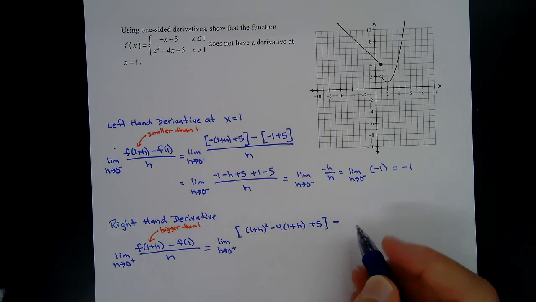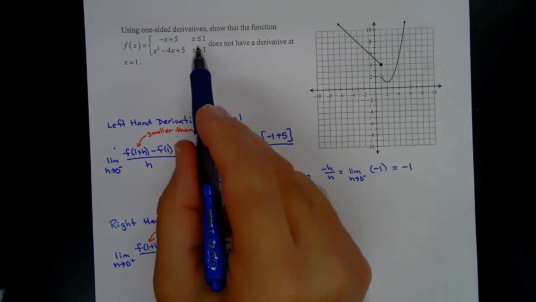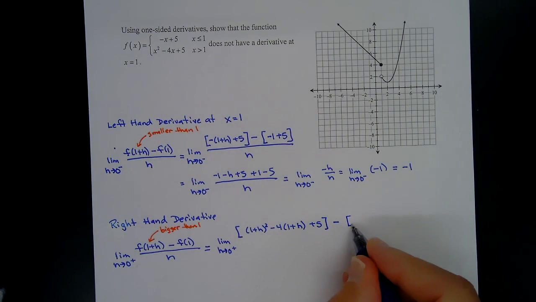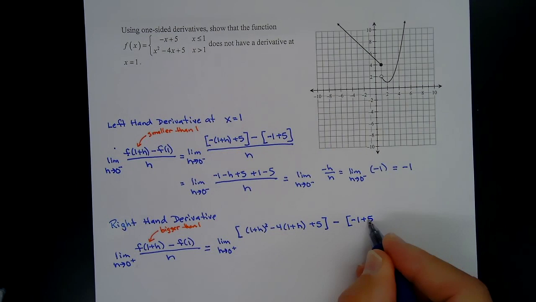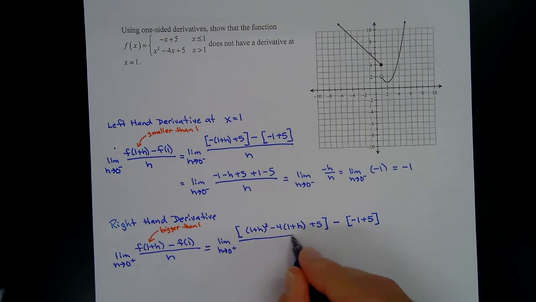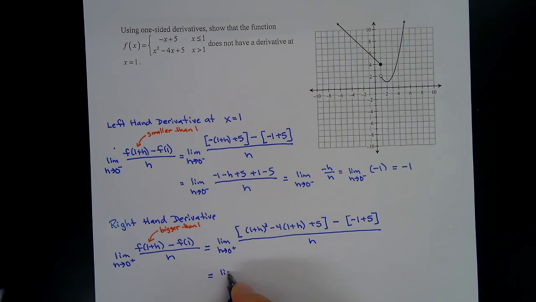And then right here, we're going to put 1 into the line. So it's going to be negative 1 plus 5 all over h. This is going to equal the limit as h approaches 0 from the right.